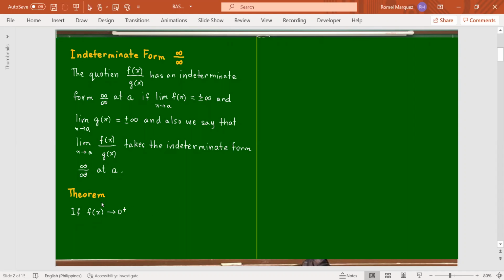Again, let's say f of x approaches 0 through positive values. And letter A, so this is number 1.